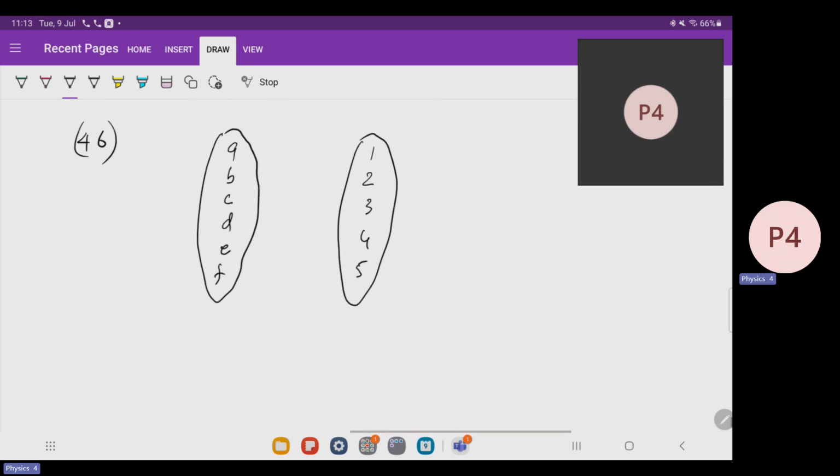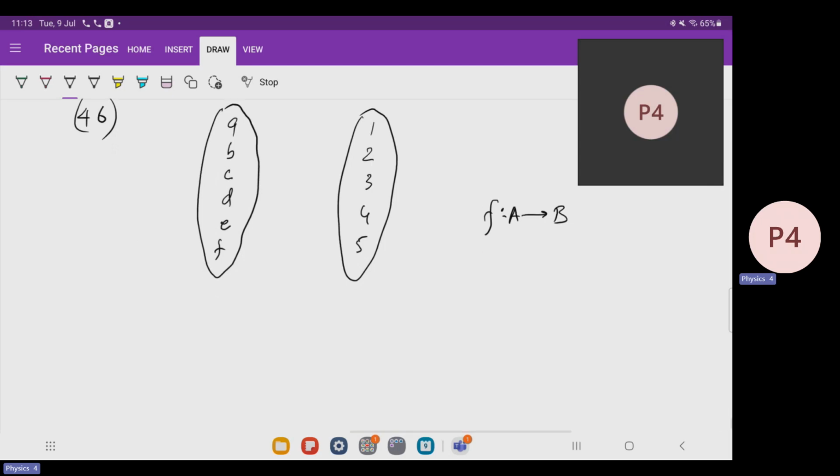Find the number of functions from A to B such that for every x belonging to A, there is exactly one y belonging to A, y is not equal to x, f of x is equal to f of y, and x, y both come from A.